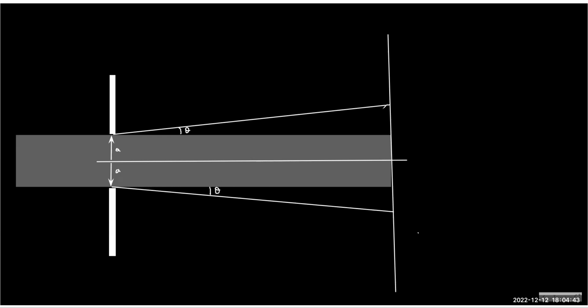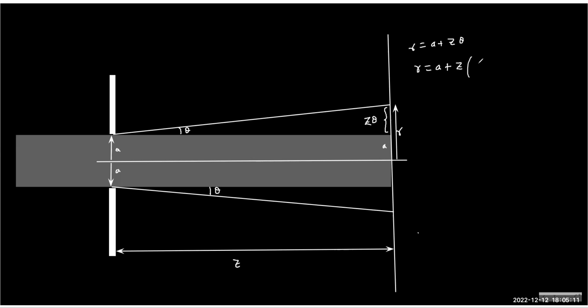Now this new radius, we can determine using the function. Let's call this separation Z. So if this is Z, this will be Z theta. So this R will be A plus Z theta.